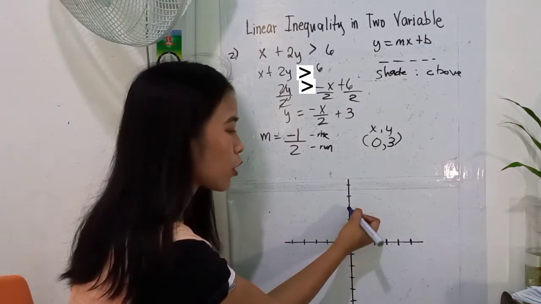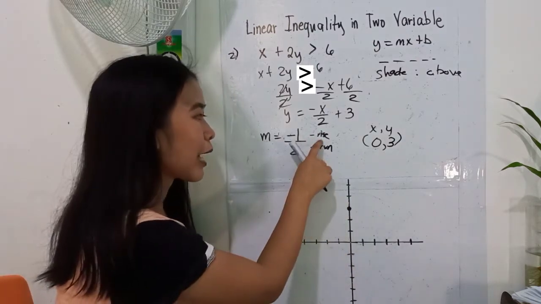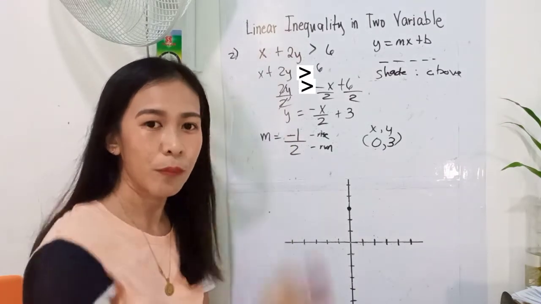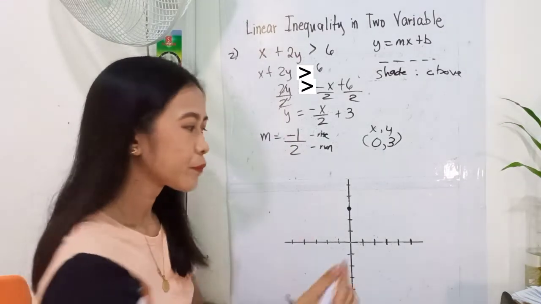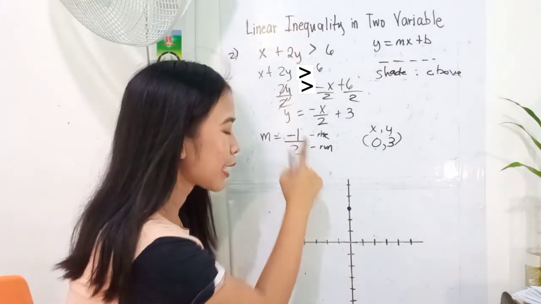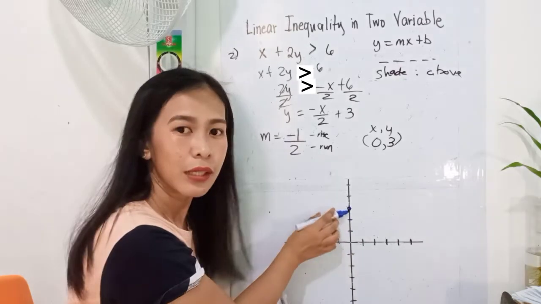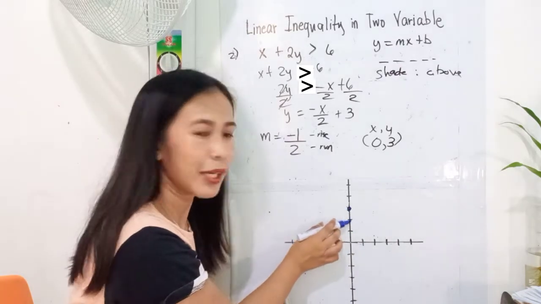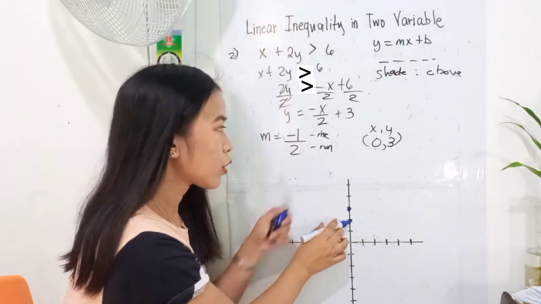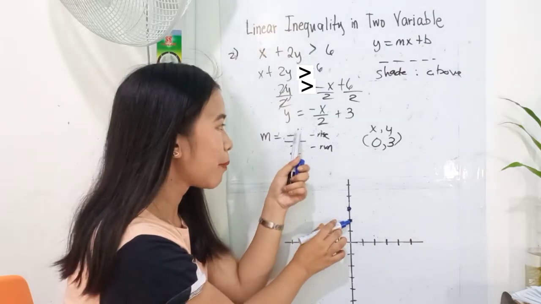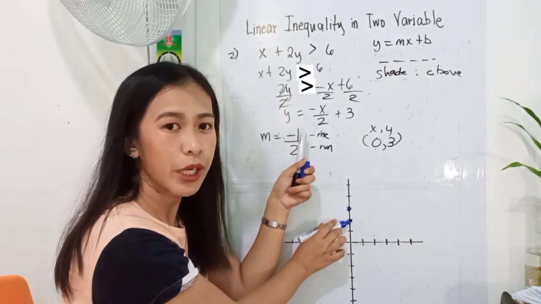So, ngayon, from dito, we have here rise as negative 1. Rise, ibig sabihin taas or baba. Kapag negative, pababa. So, therefore, dahil dyan ay isa laang, baba lang tayo pa isa. Okay, bumaba ka dito. From dito sa y-intercept, baba ng isa. So, nandito na tayo. Run ay positive 2, therefore, pakanan ka. Kaya ka pababa dito kasi negative tong numerator ha.